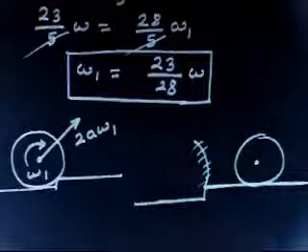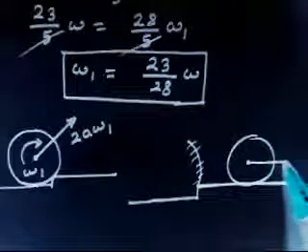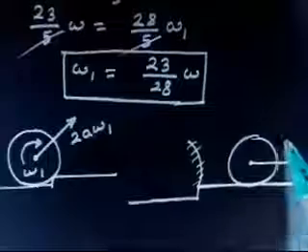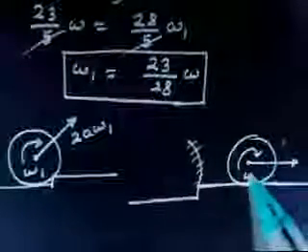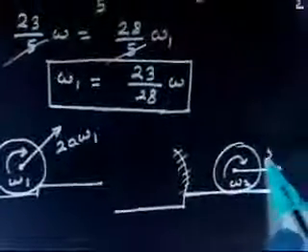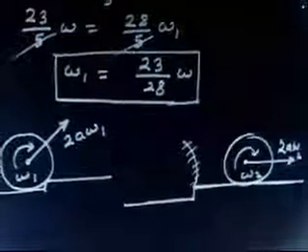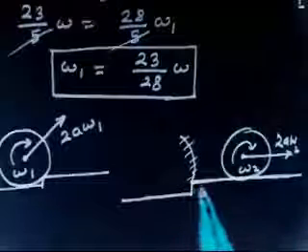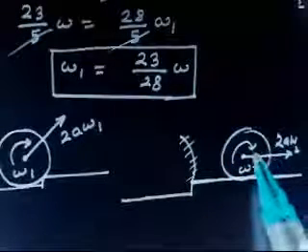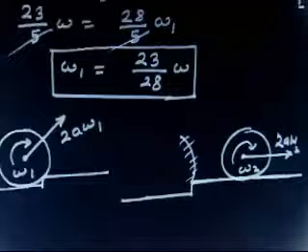Or if you want, you can assume this sphere is moving in this direction with angular velocity omega 2 and linear velocity 2a omega 2. If I want it to just reach the surface, the sphere will have no kinetic energy, so omega 2 will be 0.